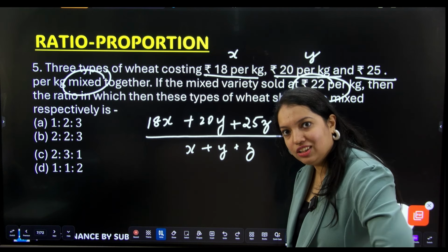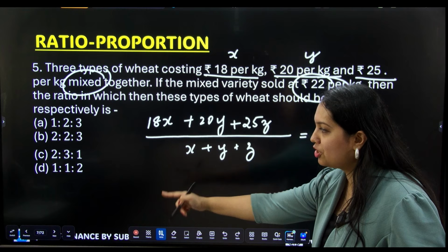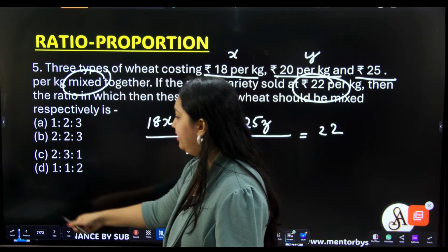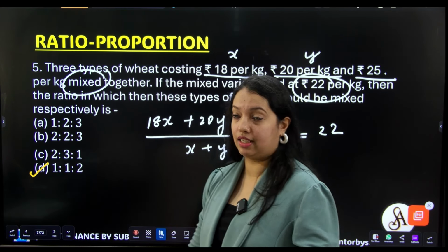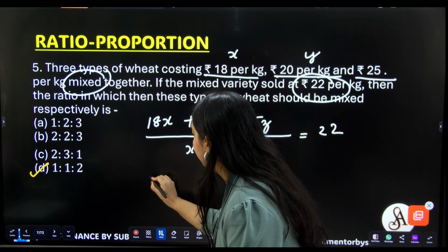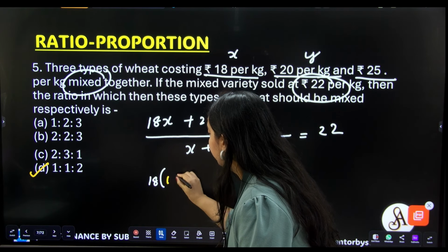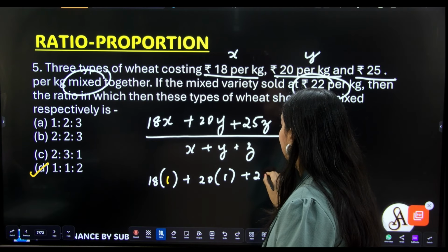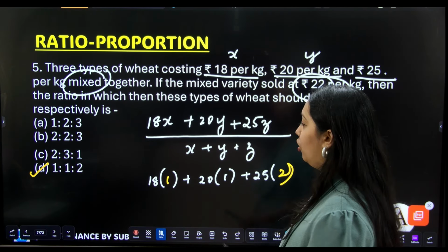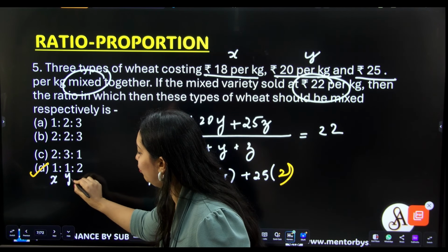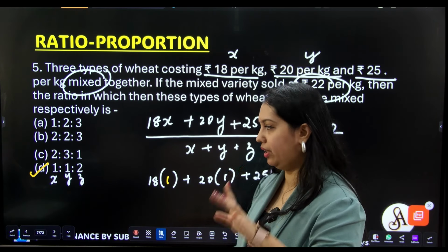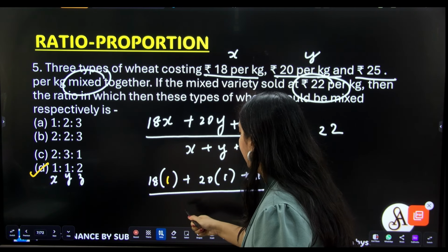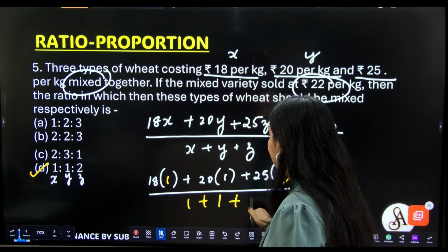You can either solve this in detail or go by the option hitting method. I have already tried this question and I got the answer as option D. Let's substitute the values. 18 times of 1 plus 20 times of 1 plus 25 times of 2. Ma'am, what did you do? I replaced x, y, z values with 1, 1 and 2, whole divided by 1 plus 1 plus 2.